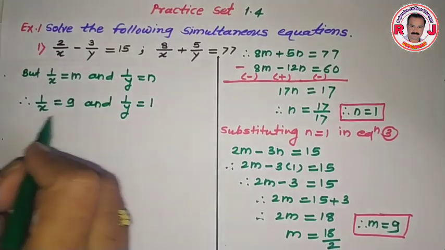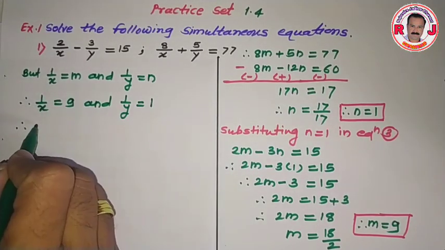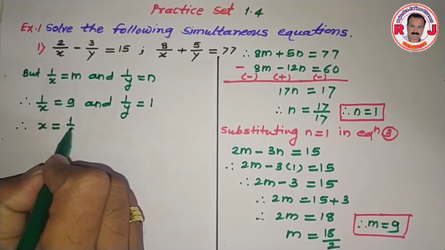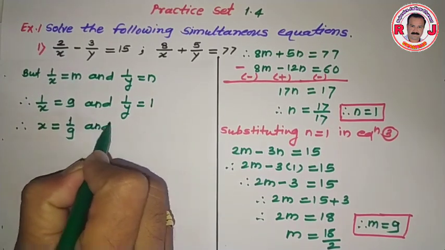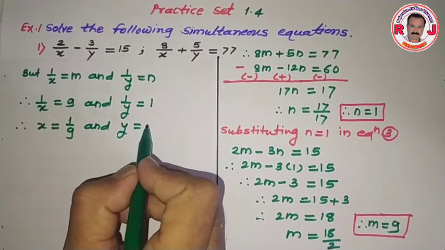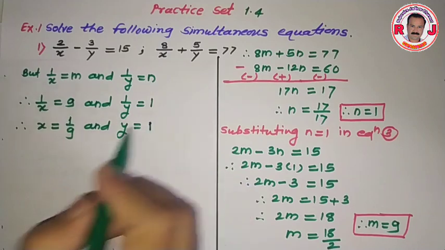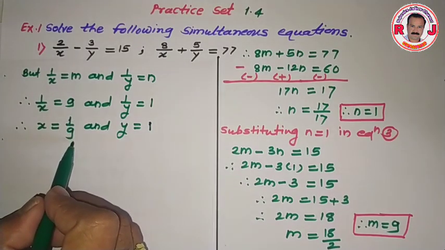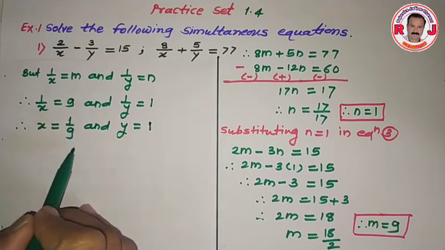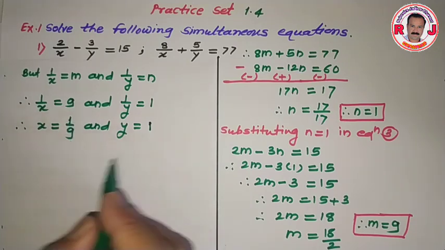Here the inverse of this number, x is equal to inverse of 9, 1 upon 9, and here the 1 upon y inverse is y, and inverse of 1 is 1. Here the value of x is 1 upon 9 and y is equal to 1. या ठिकाणी x ची किंमत 1/9 आली आणि y ची किंमत 1 आलेली आहे.